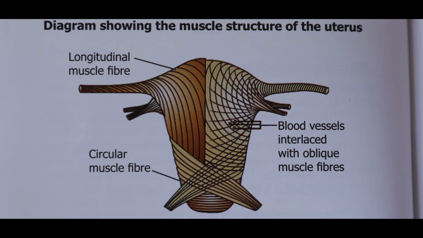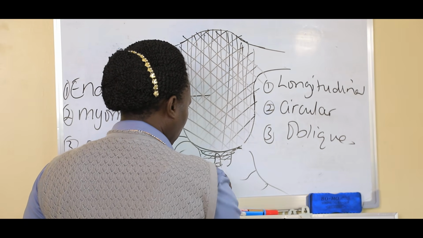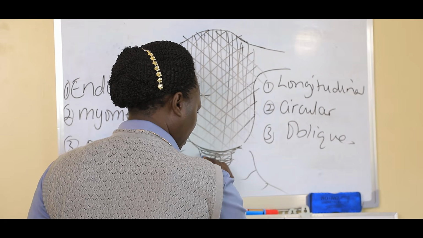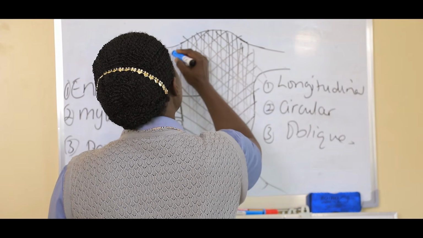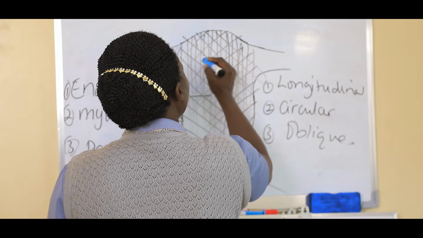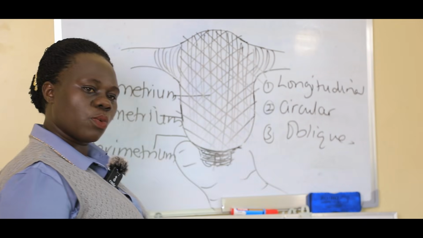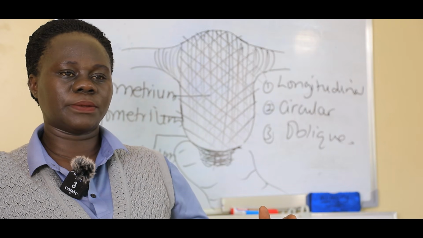Okay, we have other muscle fibers known as circular, and circular muscle fibers are found in the cervix. Remember we said they are found in the cervix, and this is the cervix. But we have others found in the cornua. They're found at the cornua end here, and their work is to dilate.